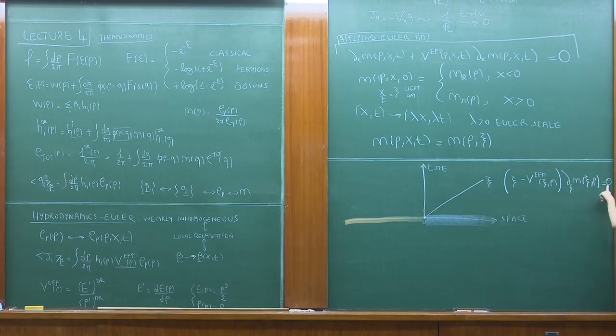It's equal to 0. So I'm just saying that you write this partial differential equation that you have on top in space and time in terms of the variable x over t only, because you have this scaling form, and this becomes this form here, where this derivative is with respect to xi. And n is a function of xi, the light ray x over t only, and the momentum. Is it fine?